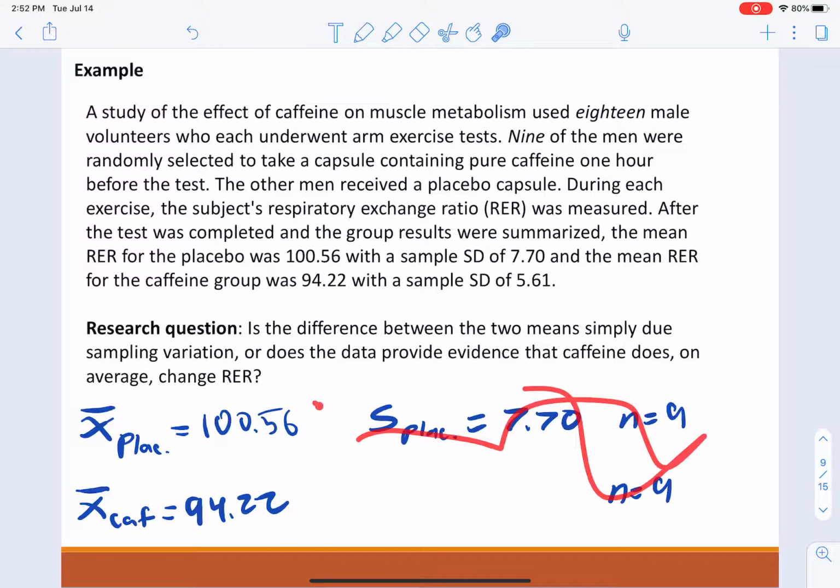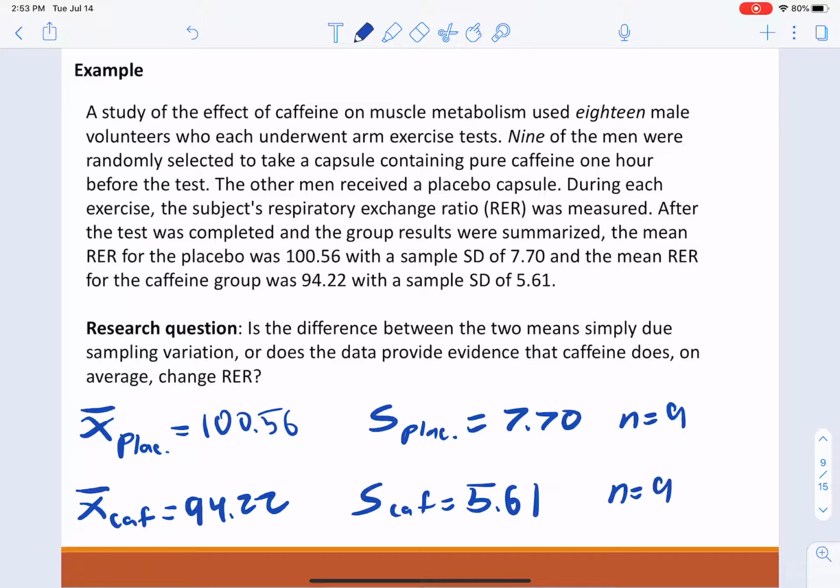Now, just by this, ignore all of this. But if you were to just look at this, you would say, hey, caffeine brings it down, right? Or at least we saw that the average is lower. But then when you start to take into account the sample standard deviations, that tells us that there's quite a bit of overlap between the two. So one standard deviation above this would be like 99-ish, right?